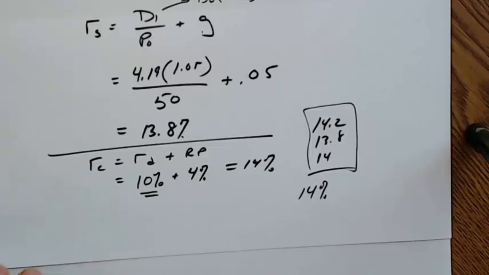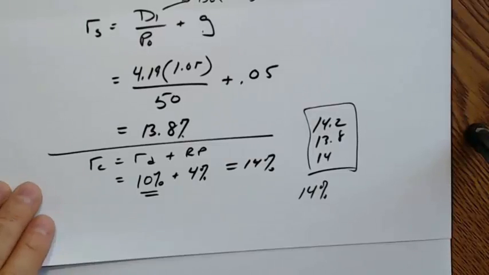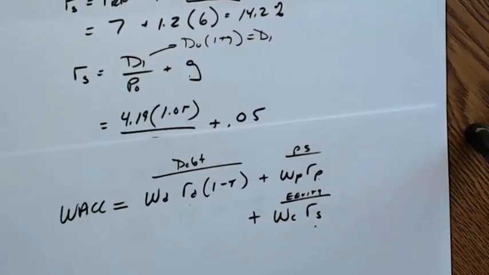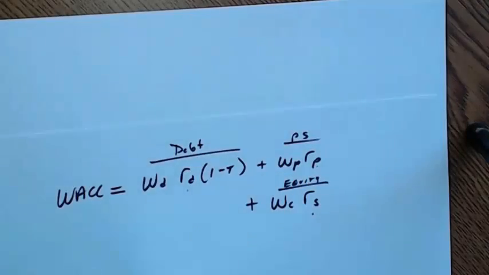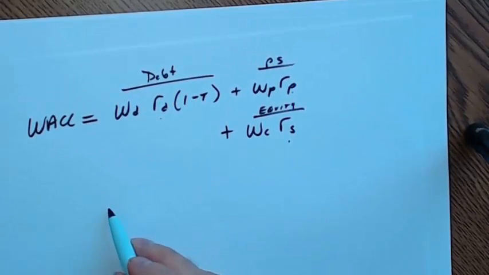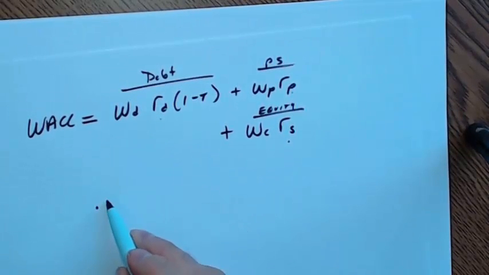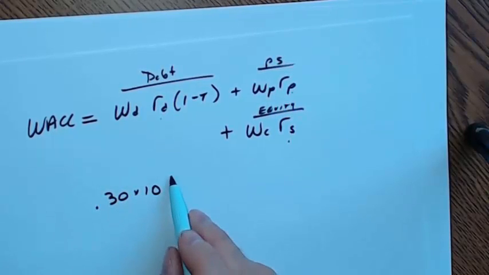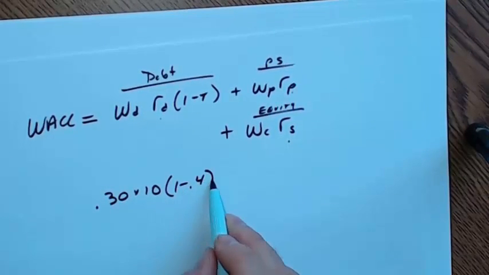Okay. So now we're in a position to be able to fill in all of these numbers. The weights were given to us. This was 30%. This was 10. Taxes was 40%.